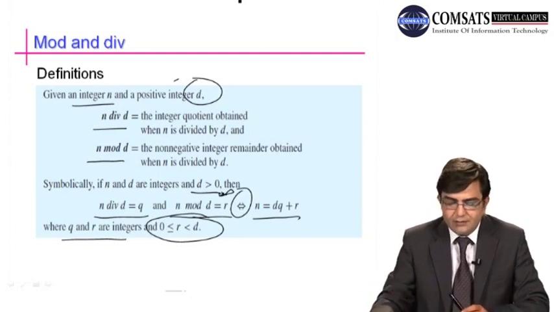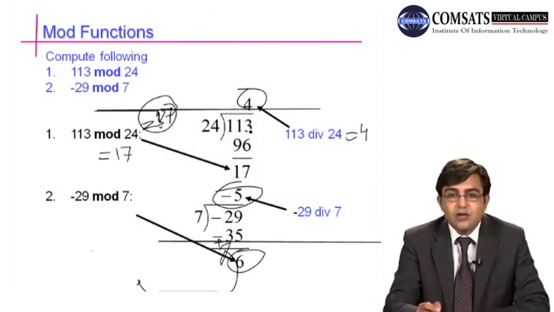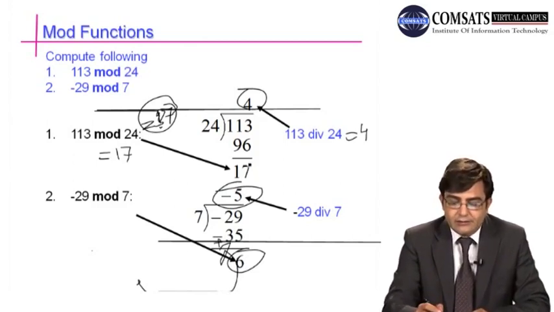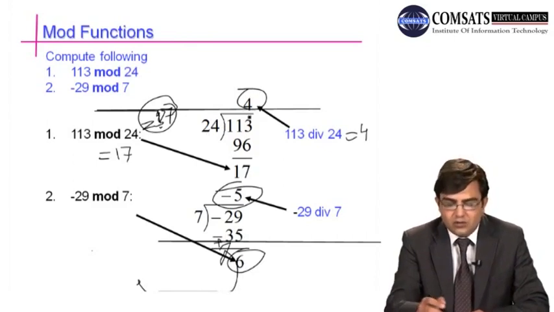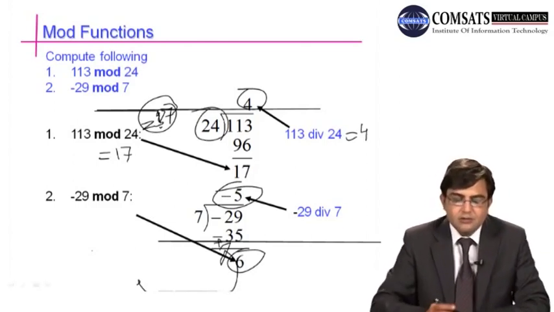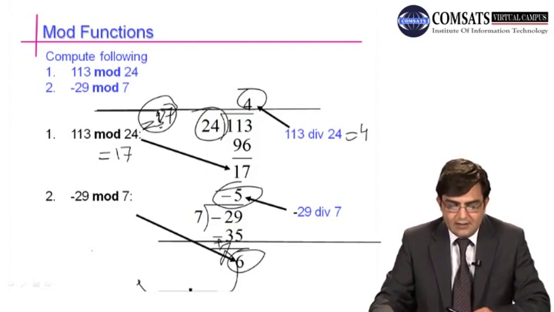You can imagine why r is less than d: in the previous example, when 24 divides 113, 24 fours are 96 and the remainder is 17. If we had 24 here, then we could multiply 24 fives and get the remainder 0. So we cannot obtain a remainder equal to the divisor, just as we have studied in earlier classes.